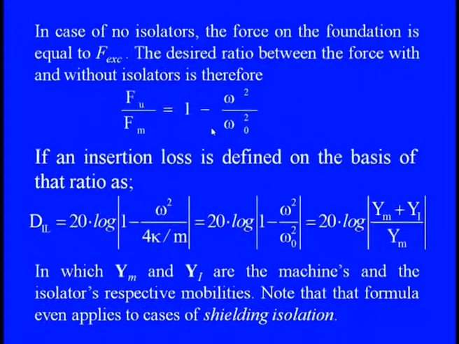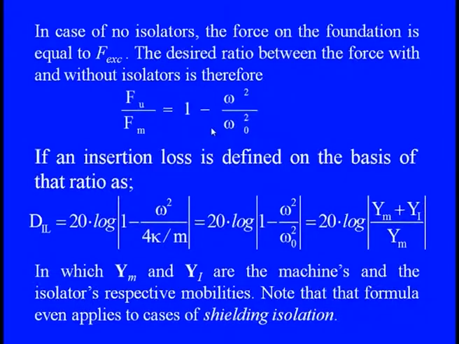So these are, as we already discussed in the previous diagram, Yi and Ym, which clearly show the insertion of these, and how the machine and isolator mobilities are varied.